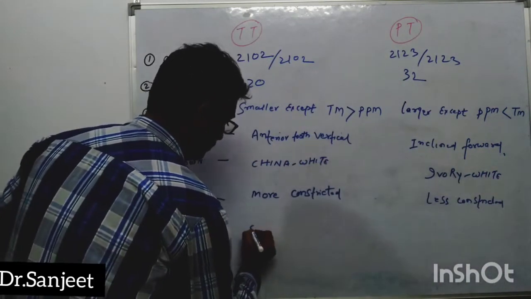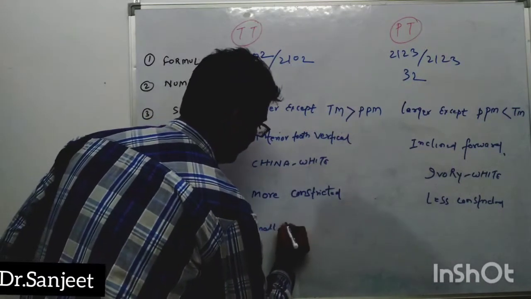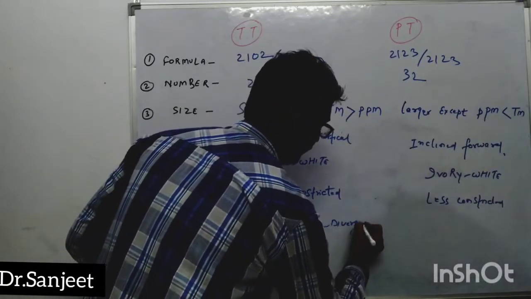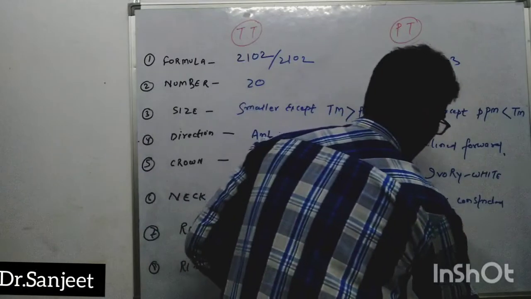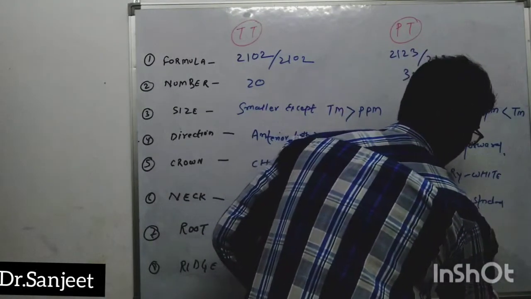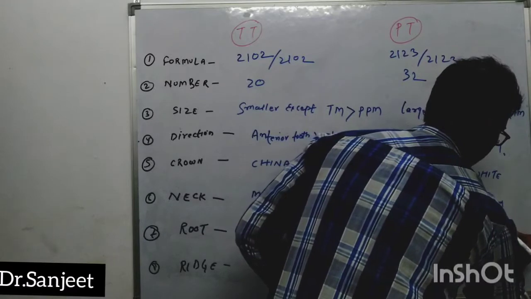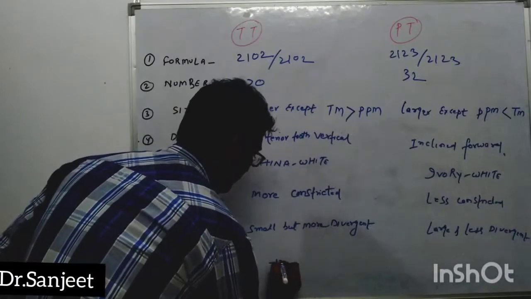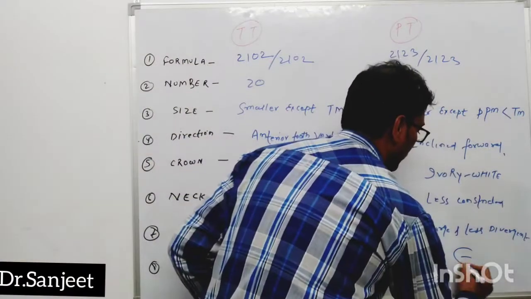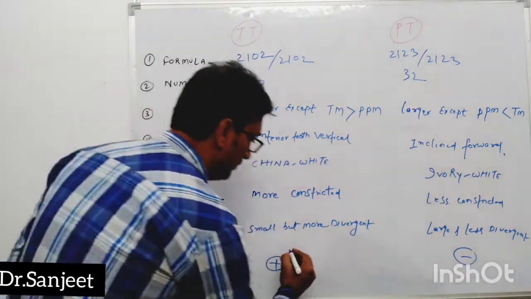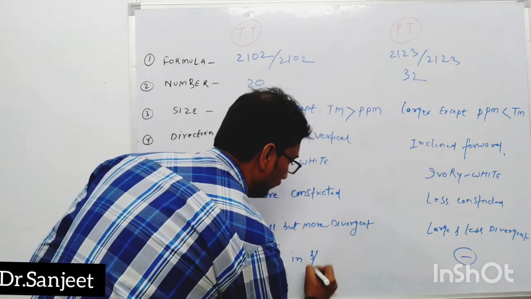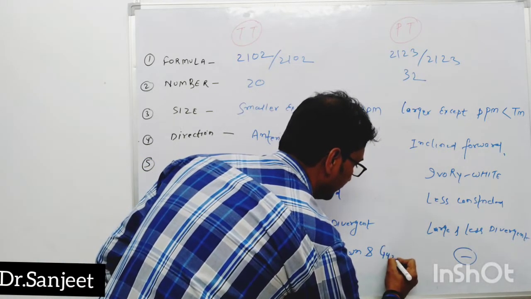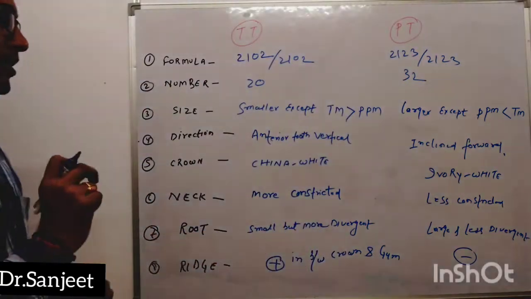Root, small but more divergent. Here the root is large in the permanent tooth but less divergent. Ridge is present in the temporary tooth but absent in the permanent tooth. The ridge is present between the crown and gum. It feels like a ridge between the crown and gum.